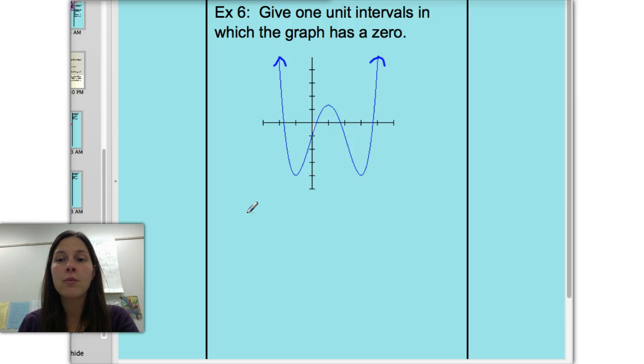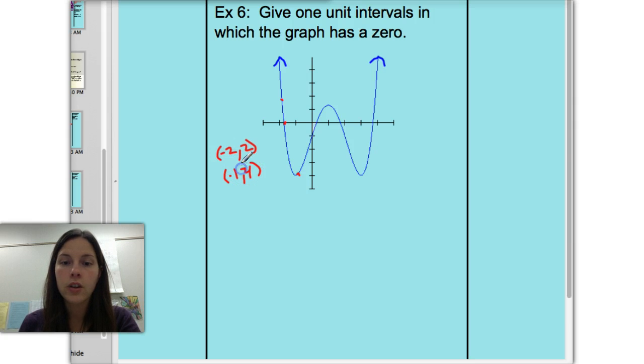That's why we're asked to give the 1-unit intervals in which the graph has a 0. So when we're looking at this first 0 right here, I know that at -2, we'll just estimate we've got a y value of about 2. So we've got the ordered pair -2, 2. And then -1, we've got the y value of, we're just going to estimate and say that that is -4.